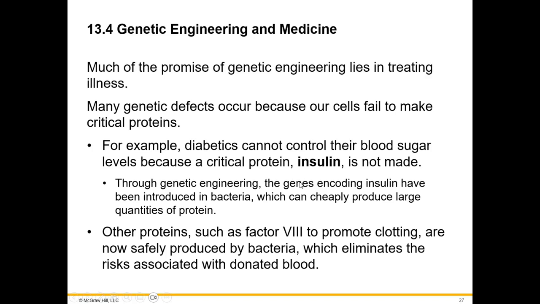Well, some people don't make factor VIII, and now we are also able to safely produce this protein using bacteria, and it will eliminate the risks associated with donated blood, because instead of having to donate blood to people who don't have this clotting factor, people are able to just take the clotting factor, and then they're not subjected to the possible diseases that are transmitted by blood and the transfusion, or the possible problems with genetic information interacting with their genetic information by receiving blood transfusion.